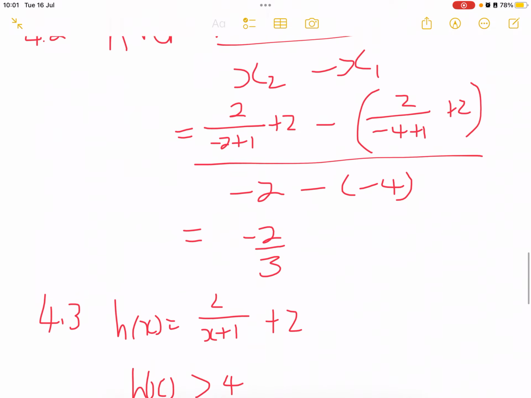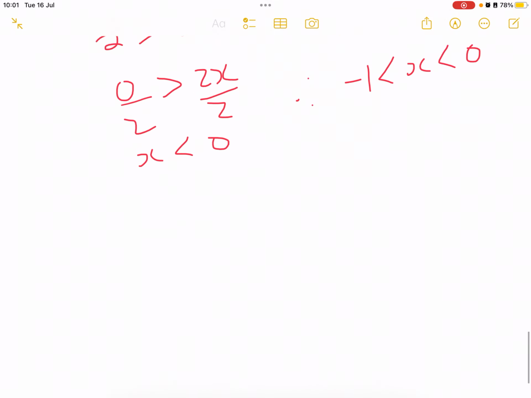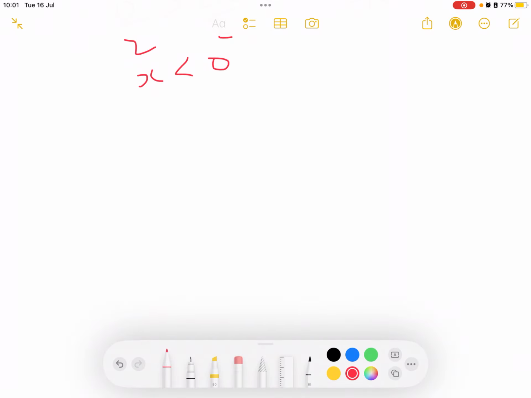The fourth question, determine the equation of the axis of symmetry of h that has a positive gradient, and leave the answer in the form of y. So the axis of symmetry, you can find it from y minus y1 equals m times x minus x1, whereby m is equal to 1 because they said it has a positive gradient.